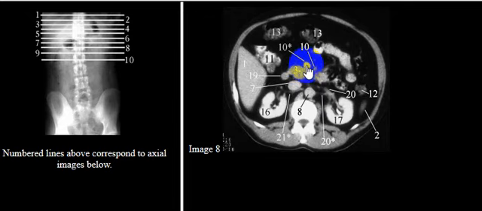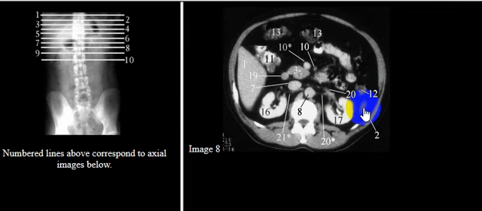And again, this is the splenic vein, this is the superior mesenteric vein, superior mesenteric artery, and this is the portal vein, and this is the pancreatic head. And here, this is the left renal vein, and this is the descending colon, and this is the spleen, the tip of the spleen.